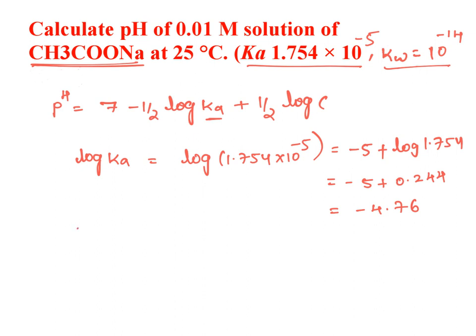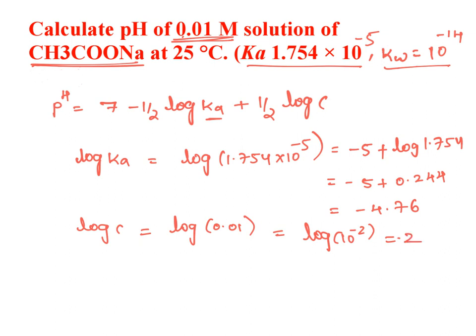Similarly, log C, concentration. The concentration of the salt is 0.01 molar. So log of 0.01, I can write log 10 power minus 2, it becomes minus 2. So I am substituting these values in the above equation. 7 minus 1 by 2, what is the log Ka value?